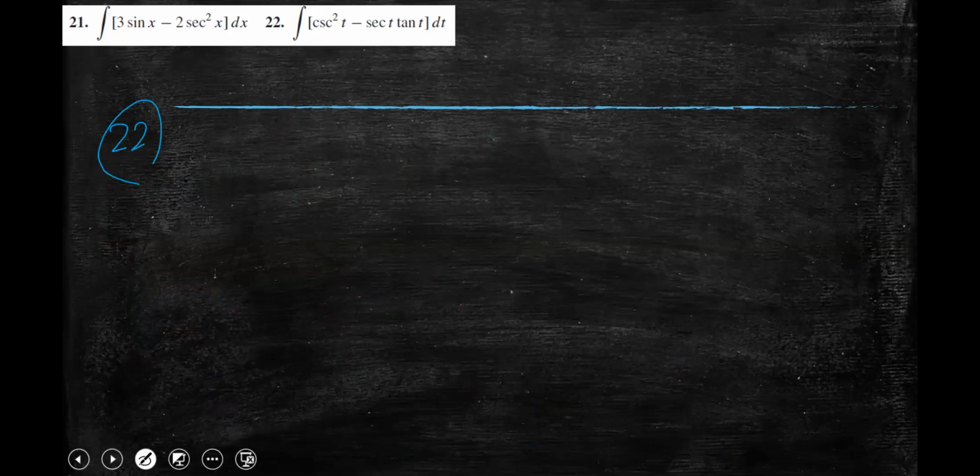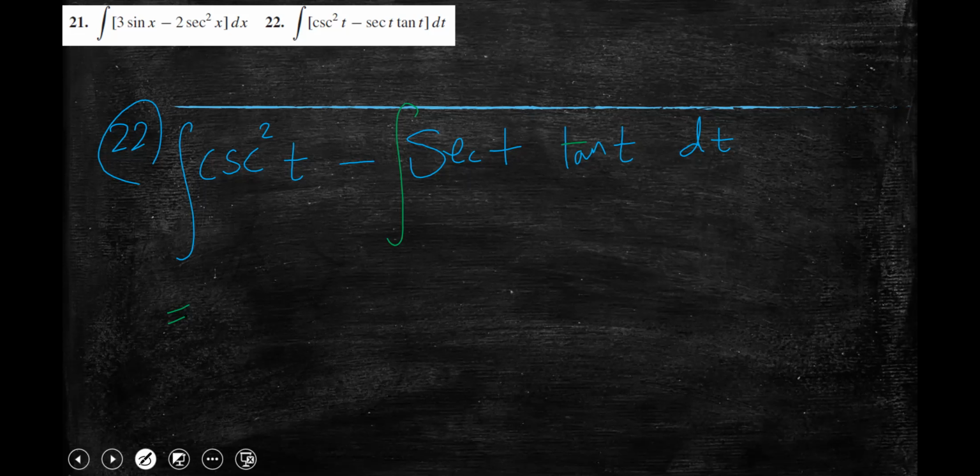Look at number 22 now. In number 22, I have to find the integration of cosecant squared t minus secant t tan t dt. Now, what's the integration of cosecant squared? Negative cotangent, thank you.